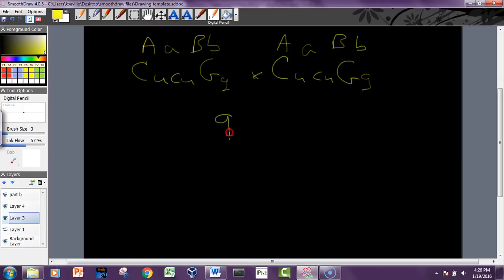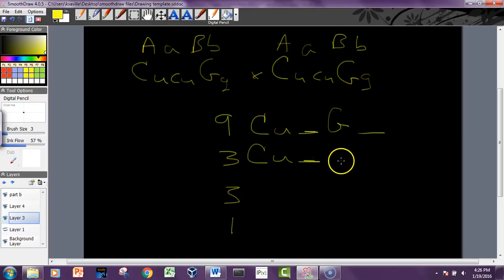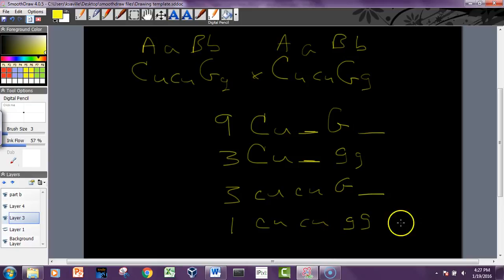So that means that we can do this, where this guy's going to have a big CU, and then we don't know what's going on here, and a big G, don't know what's going on here. This could be a big CU, and either one, and then two little g's, little cu, big G, blank, little cu, little g, right? So you can just memorize that. Because this has this form of a dihybrid cross, we know it's got to give us this.